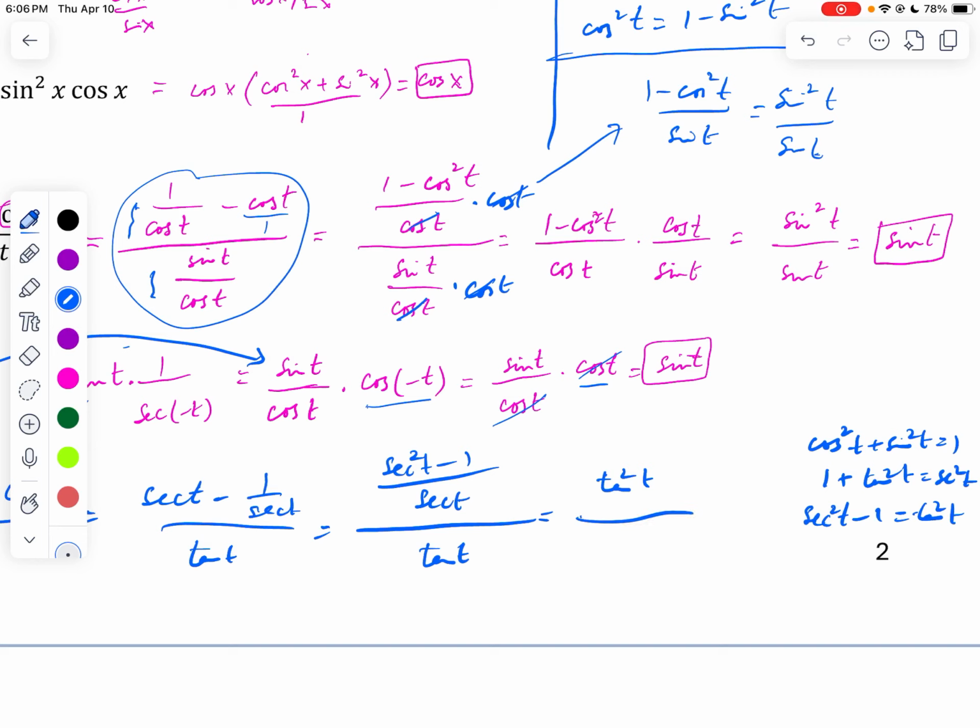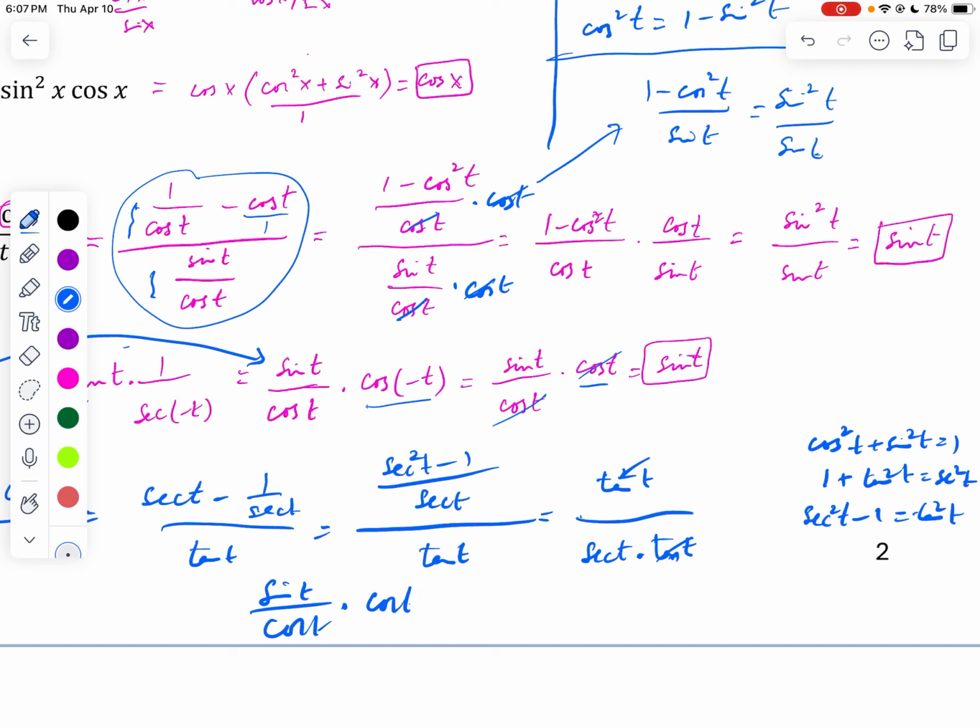If you simplify, this becomes secant of t times tangent of t in the denominator. So one tangent t goes away, and we are left with one tangent t on the top. But now, in order to simplify, we have to convert it to sine and cosine. The tangent is sine of t over cosine t, and the 1 over secant will be cosine of t.